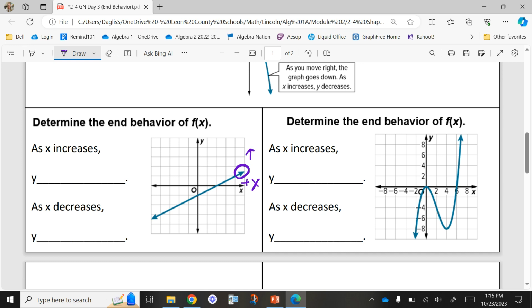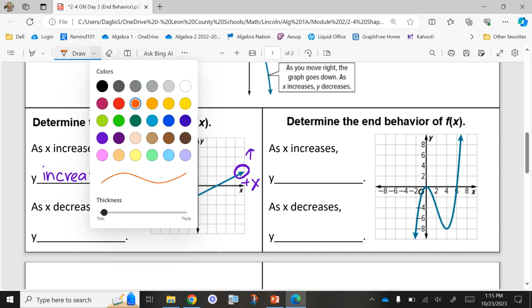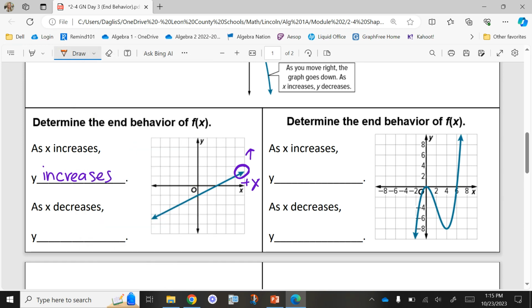And how do I say that with these special words today? Increases. Okay. As x decreases, which means on the left side, as my x's get smaller, when my x's get into the negative numbers, right? Where is my arrow pointing? Down, so we're decreasing.